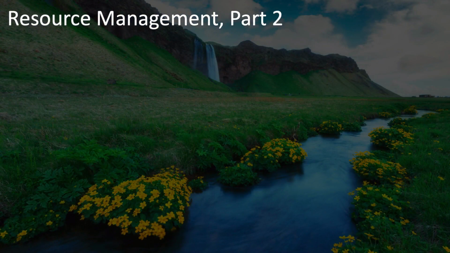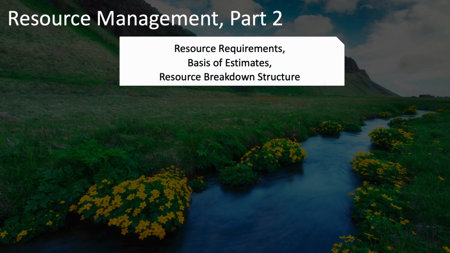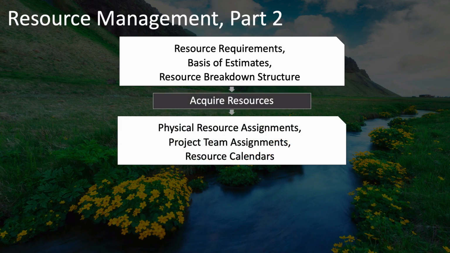Now, moving on from planning to executing in the resource management knowledge area, the main inputs are the resource requirements and basis of estimates and resource breakdown structure from planning. These go then into the acquire resources process, which acquires these resources and has as its outputs the physical resource assignments, the project team assignments, and the resource calendars with details of when these resources are available.